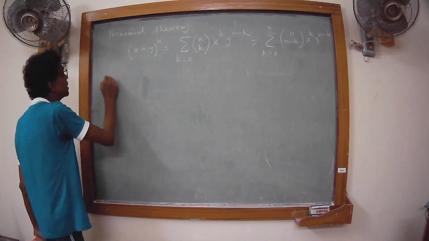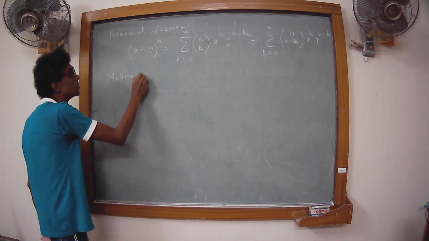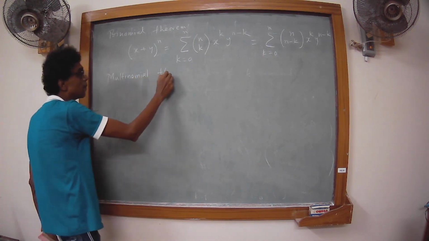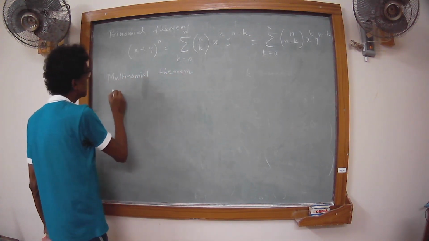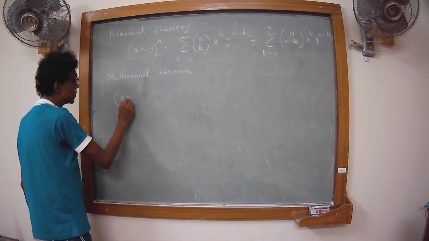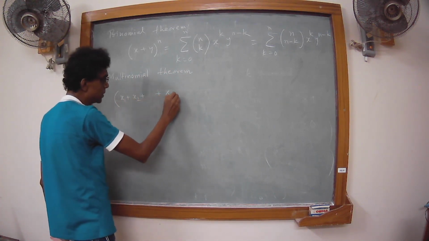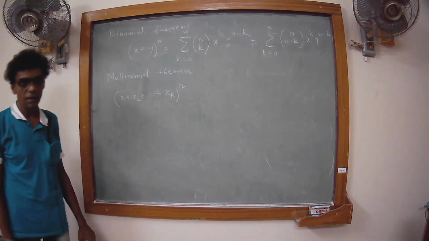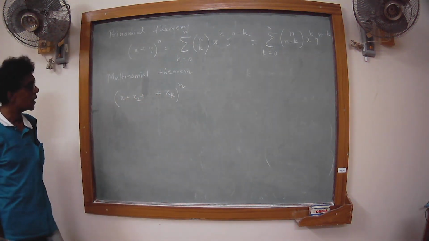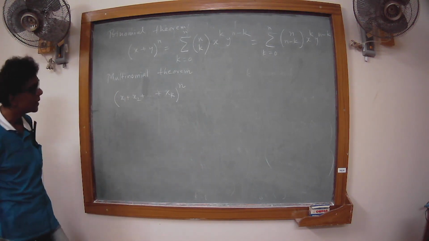And I do not know whether you already know this multinomial theorem. This is an extension of this. Instead of 2 variables, I have k variables, and I look at the expansion of this when it is raised to power n.